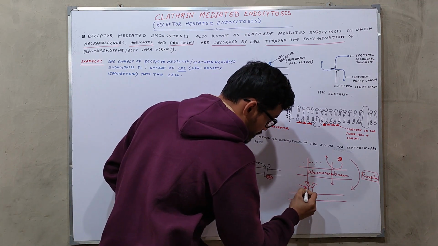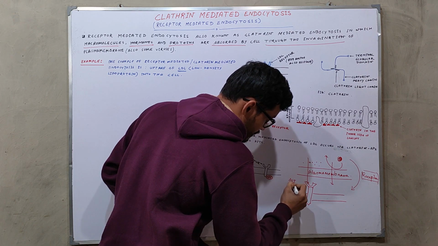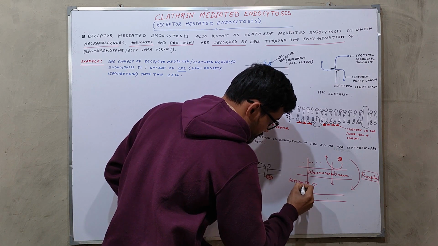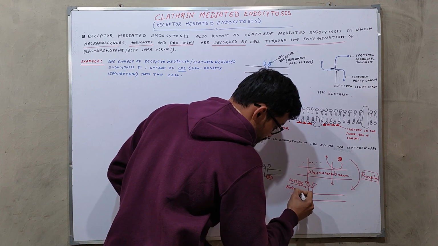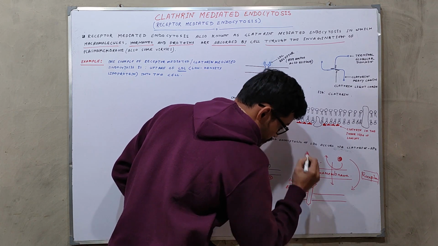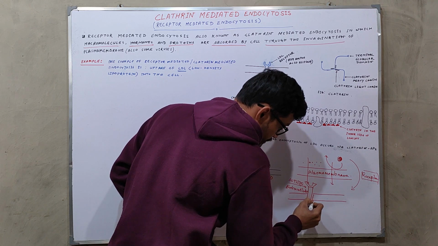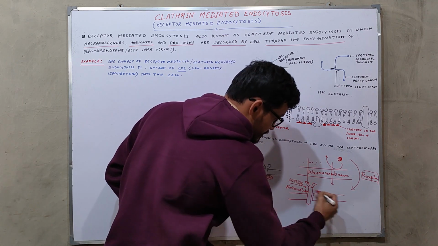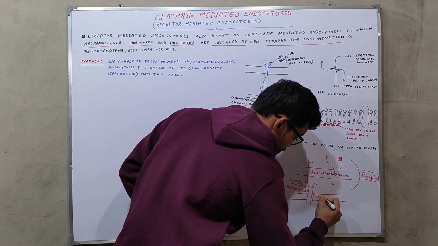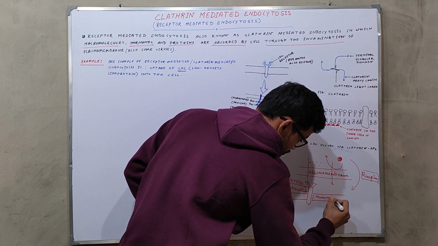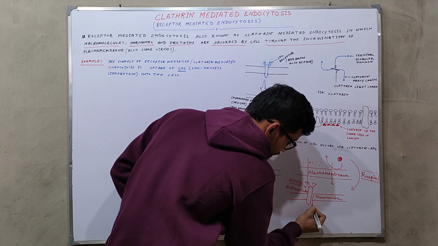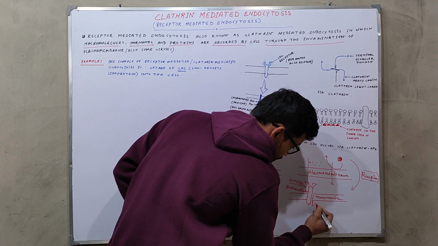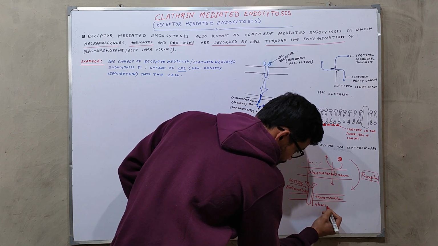First of all, one is outside of the cell, that is called the extracellular domain. Another is inside of the plasma membrane, and this portion is known as the transmembrane domain. And another part is inside the cytosol, and this portion is known as the cytosolic domain.